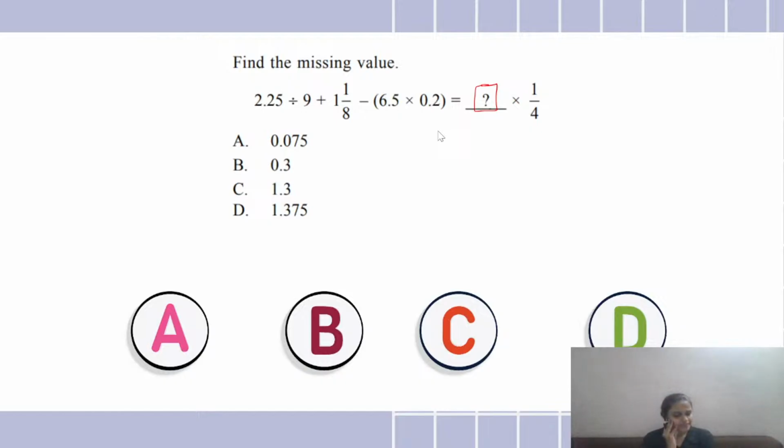Okay. B Mandal has written B as the answer. We'll check it in a while. Let's see if anybody else is also giving the answer. Come on, we can be faster, children.